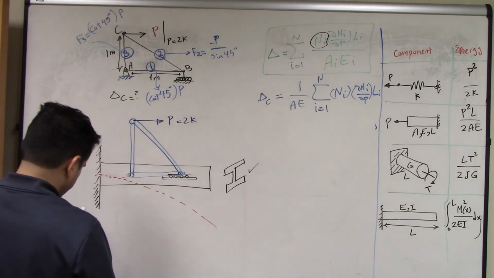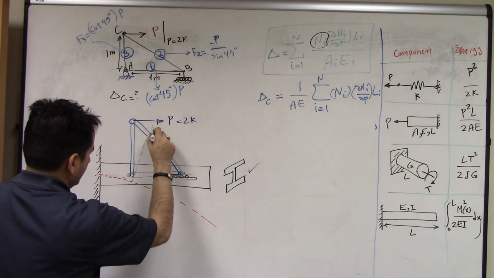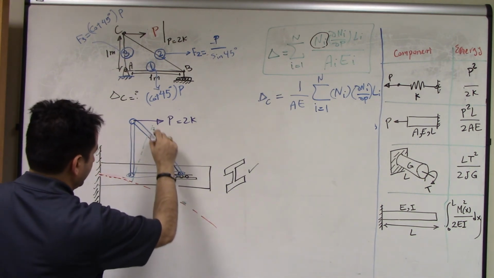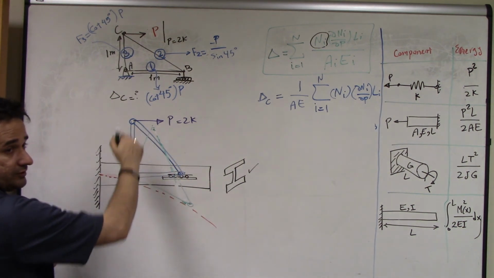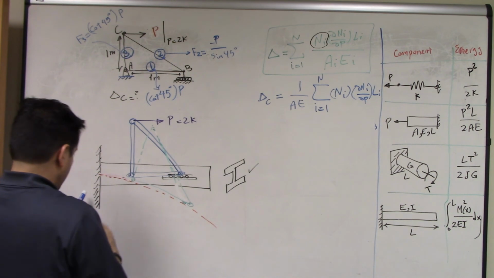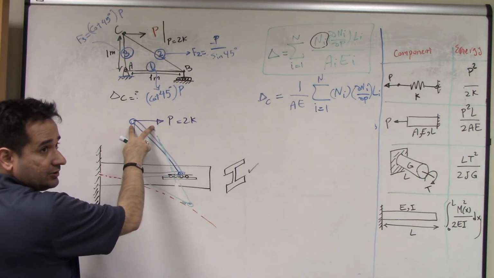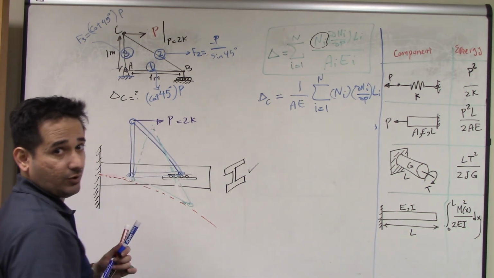So you get something like that. This is the deflection, and this also deflects. So you get a skewed shape, this bar also deflects simultaneously while the beam deflects. Everything is deflecting.